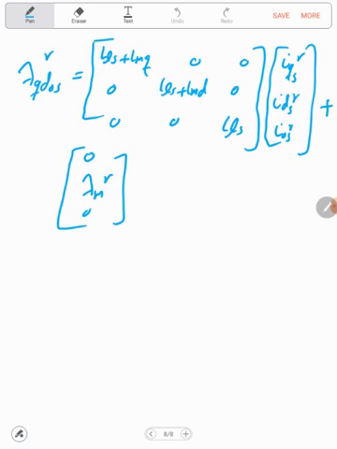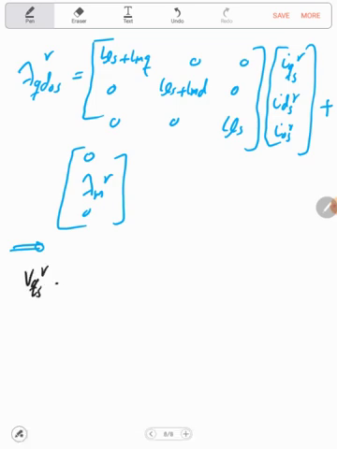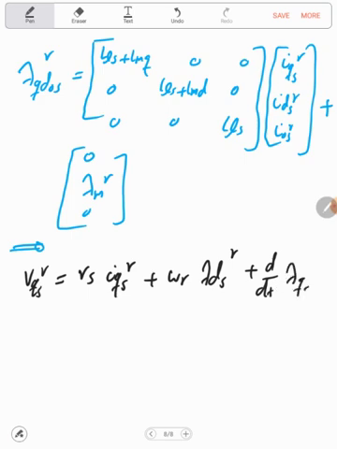So simply now we can expand the voltage equation. If we write the voltage equation in expanded form, VQSR will equal RS IQSR plus omega r lambda dSR plus d by dt of lambda qSR.